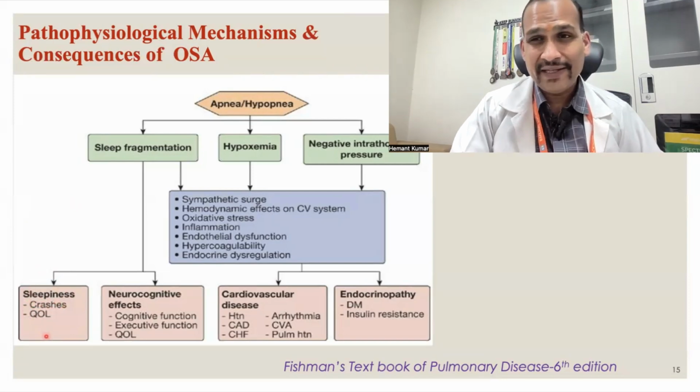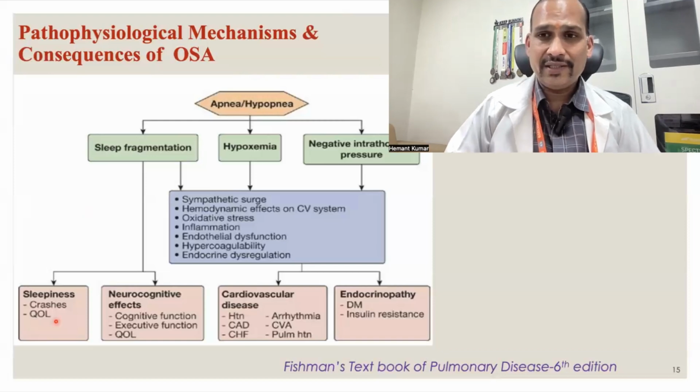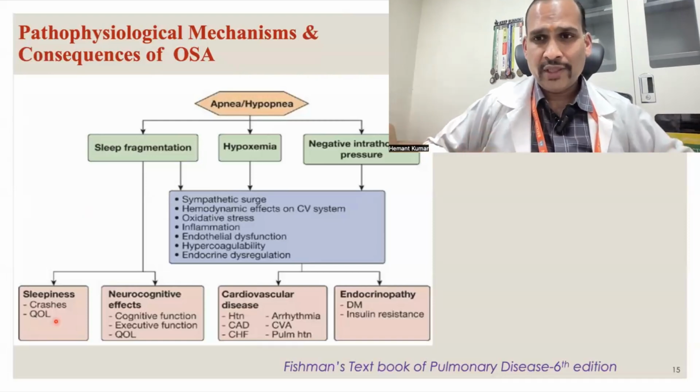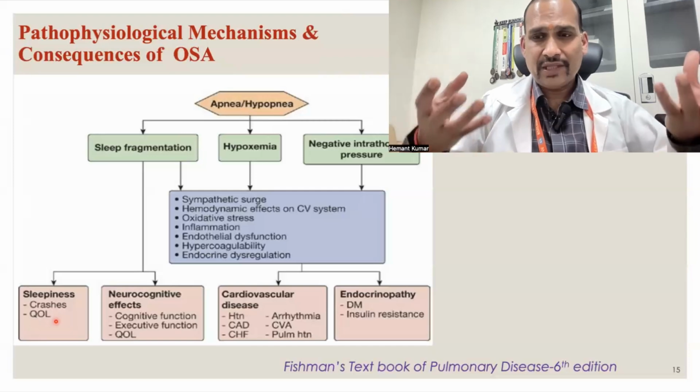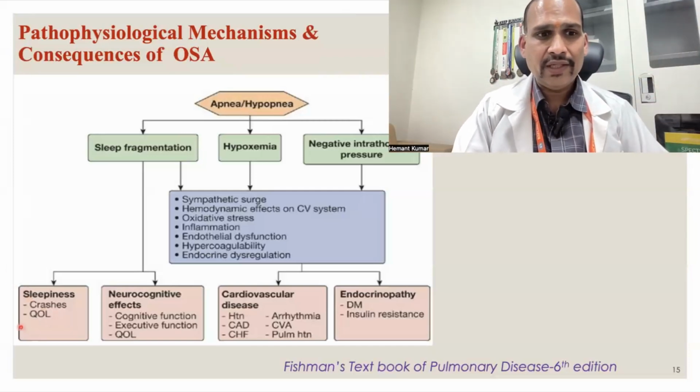The patient will have tiredness, always sleeping, doing work and taking naps, and crashes, road traffic accidents. You must have heard in the news that some lorry is going and the driver gets a nap and hits the car. So many road traffic accidents are caused by sleepiness because of OSA.